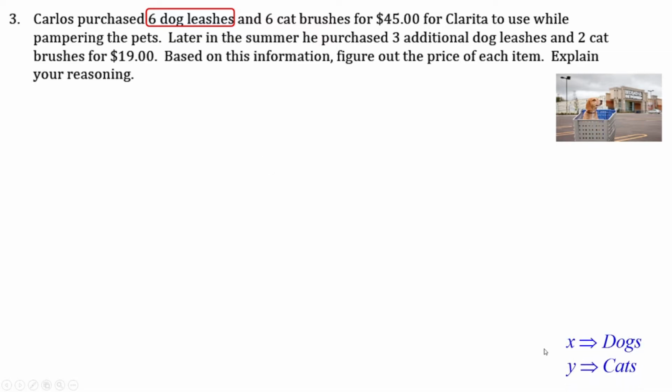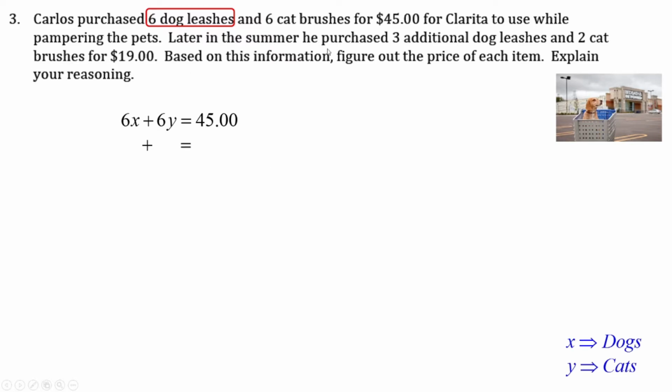How about we'll let X imply anything that has to do with dogs, and Y anything that has to do with cats. So I'm going to write 6 dog leashes as 6X plus 6 cat brushes. How about 6Y? For $45 equals 45. Oh, that's easy.